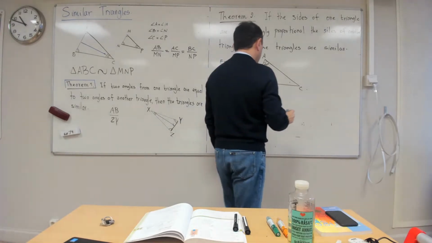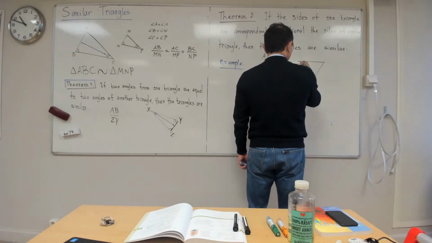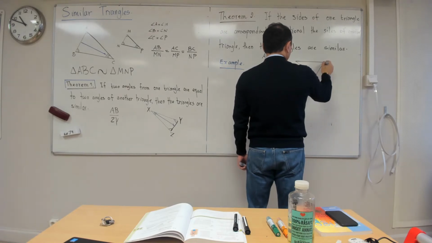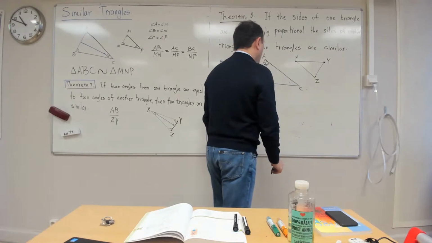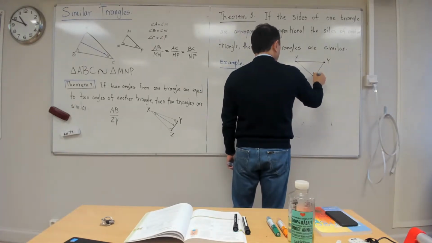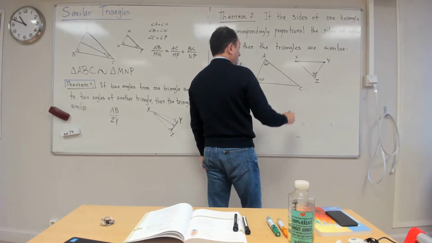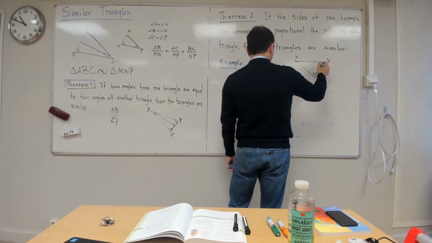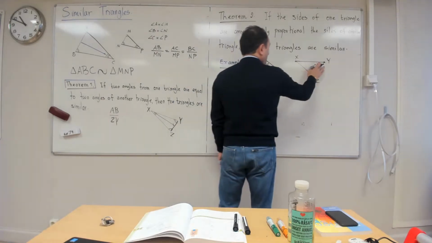And then I will try to draw another triangle like this, a little bit smaller, and then I would write it X, Y, and Z. And let me take this one 40 again, and this one, let us take to be 50. Okay, and then let me make it a little bit better.